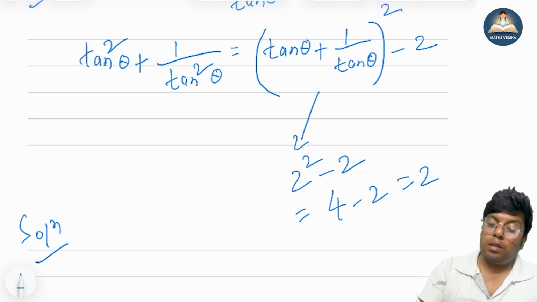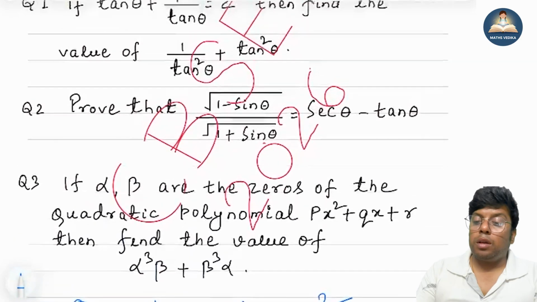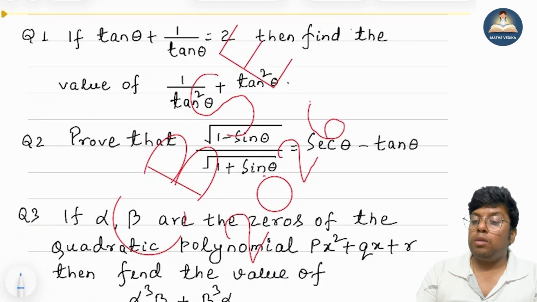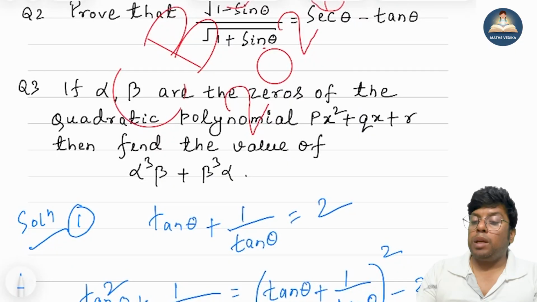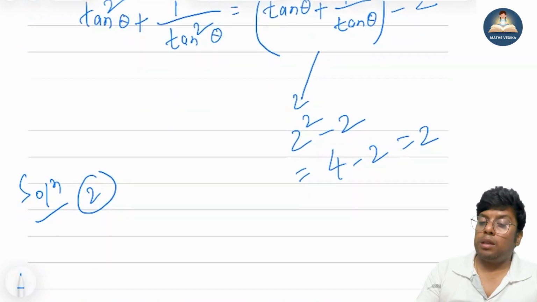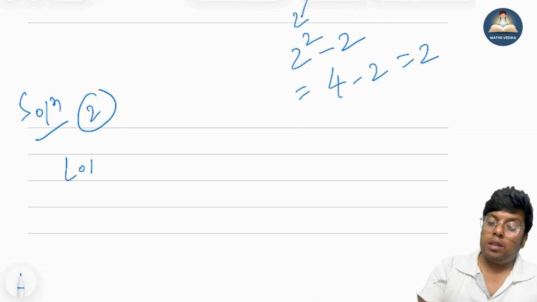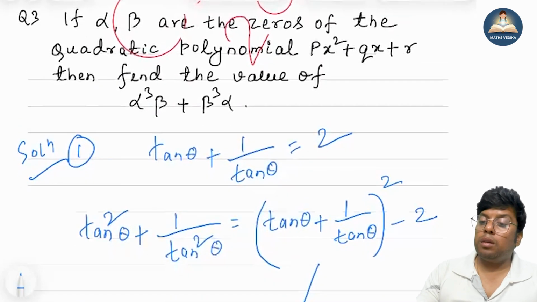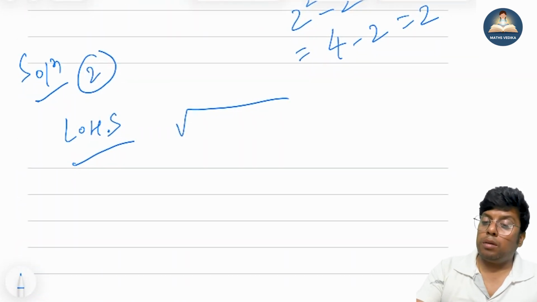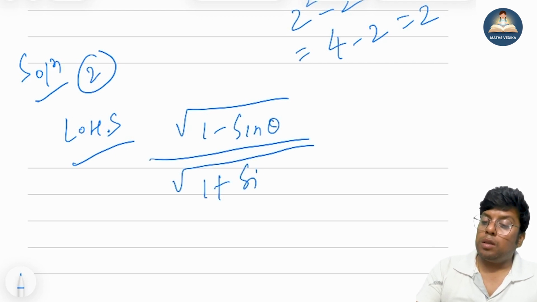Solution of question 2. So given, prove that root under 1 minus sin theta by root under 1 plus sin theta is equal to sec theta minus tan theta. So LHS is root under 1 minus sin theta by root under 1 plus sin theta.